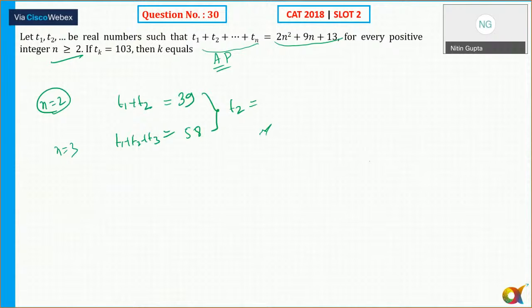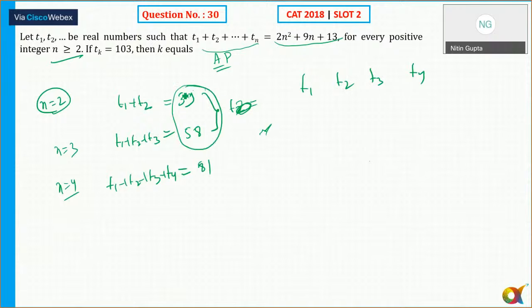The sum of the first three terms, T1 plus T2 plus T3, is equal to 58. Let's try one more. Let's say n is equal to 4. So I'll get T1 plus T2 plus T3 plus T4, the sum of the first four terms. Substituting n equal to 4, you'll get the result as 81. So can you tell me what the values of T1, T2, T3 and T4 are? Okay. So T1 plus T2 is 39, and 58 minus 39 is 19. So T3 is basically 19.